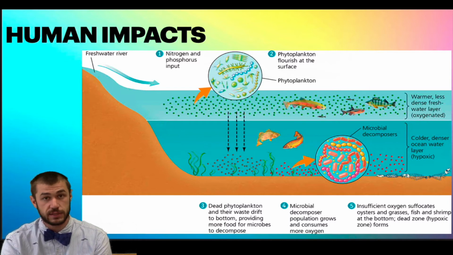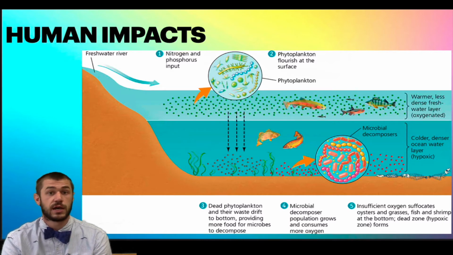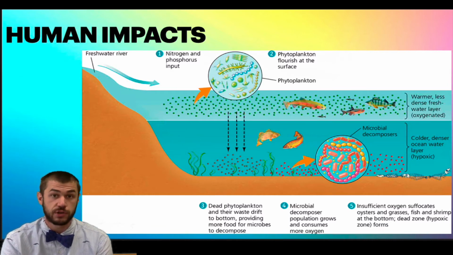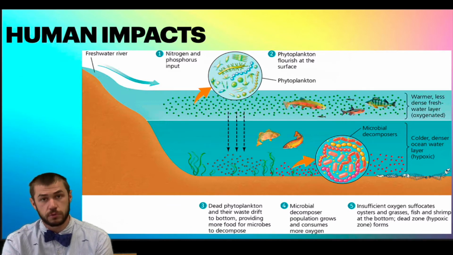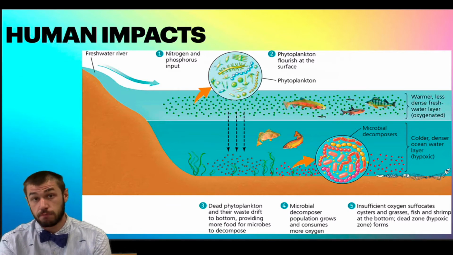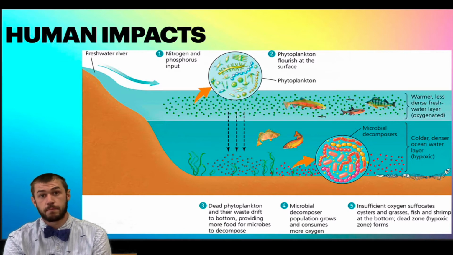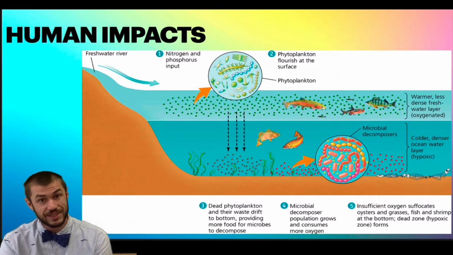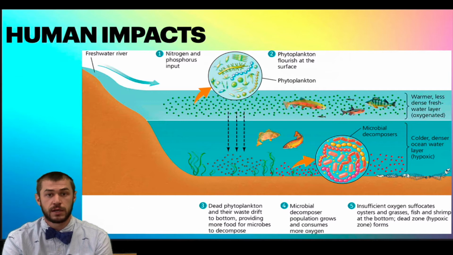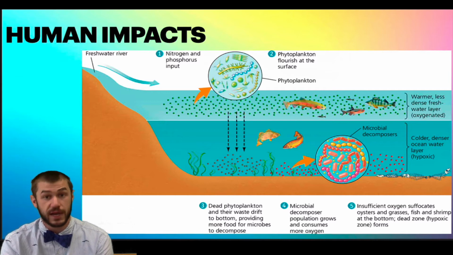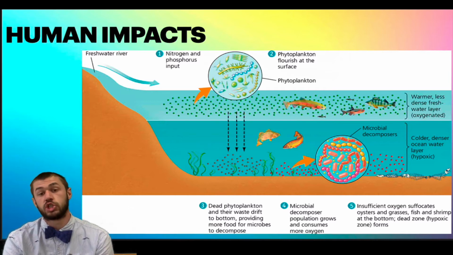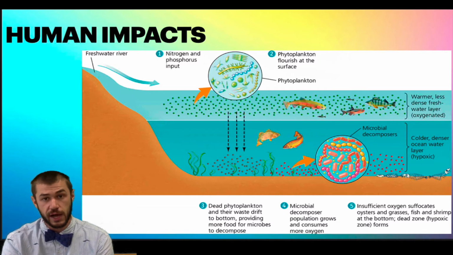That big influx of what is a limiting nutrient in most of these systems allows these big blooms of phytoplankton, which typically happen at the surface of the water because that's where the sunlight can penetrate. So you get these big algal blooms, which initially would provide an abundance of oxygen, but when those phytoplankton die, they sink to the bottom and are broken down by bacteria, which respire, which use oxygen and create carbon dioxide.